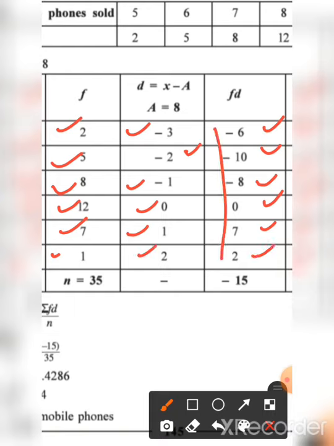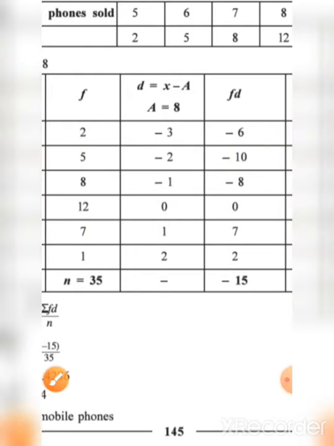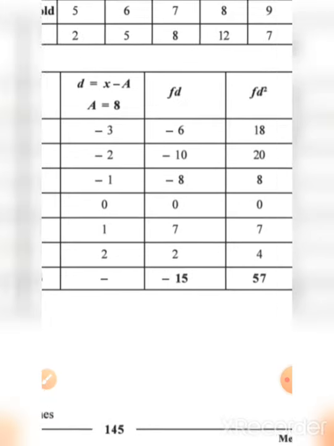You will again do the total of this. You will get something like sigma fidi equals minus 15, right? Why did we find out fidi? Because we needed it in the formula of mean, and the same is needed in the formula of the standard deviation, right? Now for the formula of standard deviation, we need fidi square.